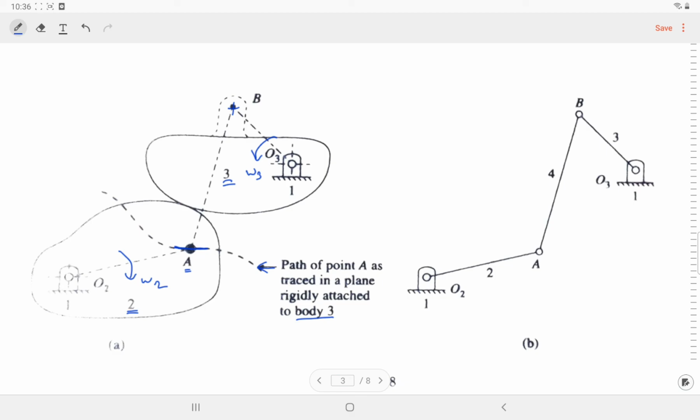And there are an infinite number of solutions possible, because this point A has been chosen arbitrarily. It's not necessary that you choose it over here, you could also choose it over here, it doesn't matter. Accordingly you will get a new mechanism. So one thing you want to know is that there are an infinite number of equivalent linkages possible for a given higher pair mechanism.